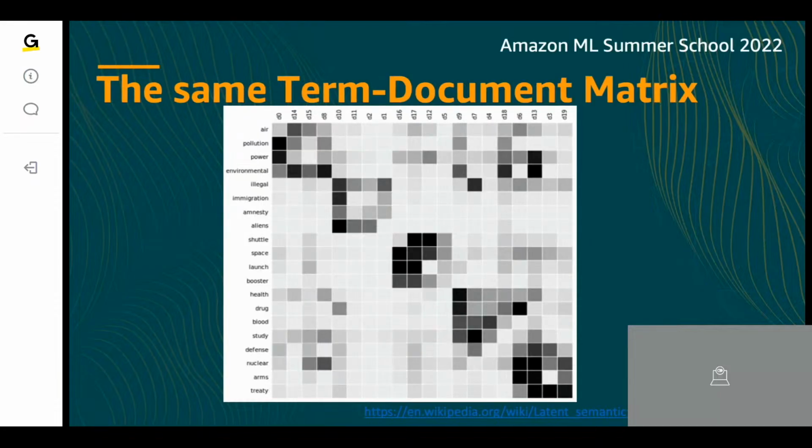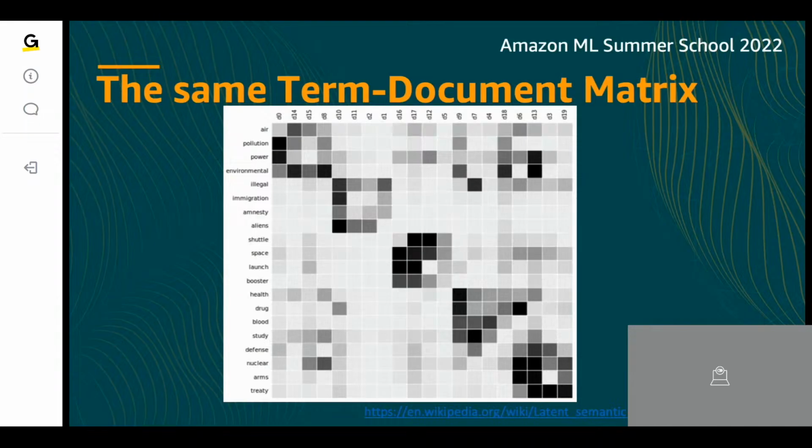What you have done is rearranged the documents and rearranged the words. In doing that, what you have realized is that there are certain documents which are talking about only these words, so most of their weights are on these ones, whereas there are other documents which are talking about another topic, and so on and so forth.